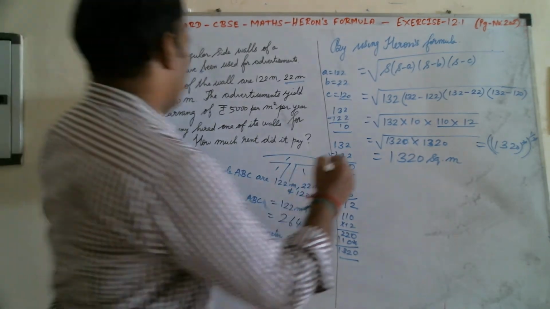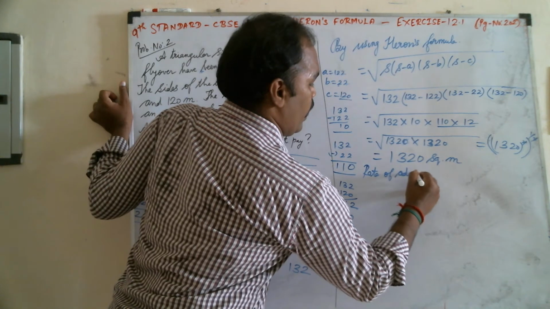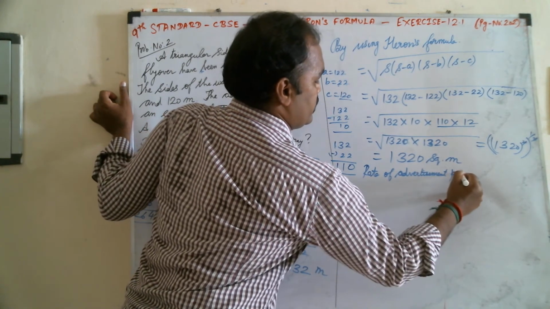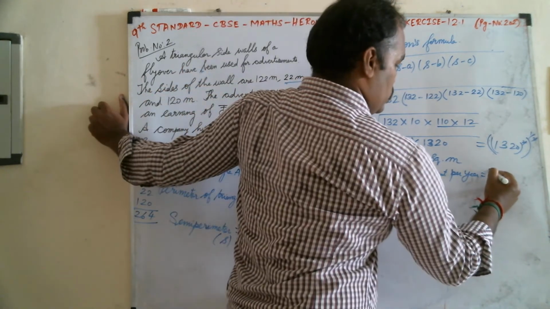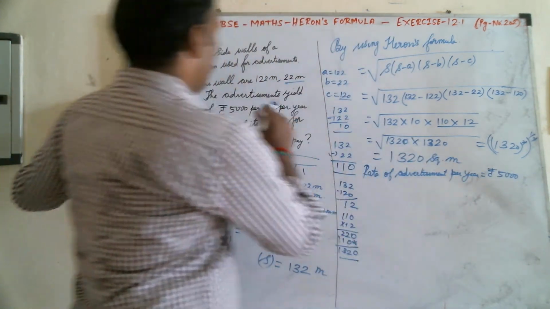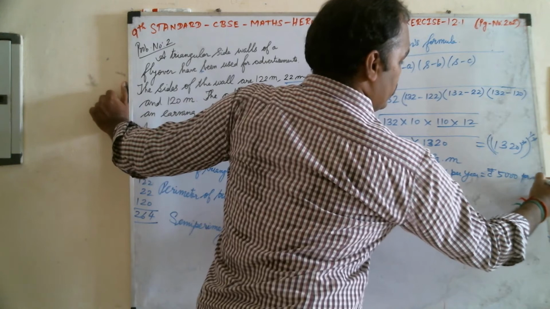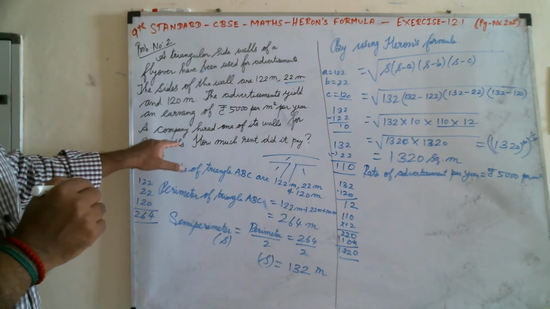So the rate of advertisement per year is how much? 1320 at rupees 5,000 per meter square. So now how are we going to calculate it?